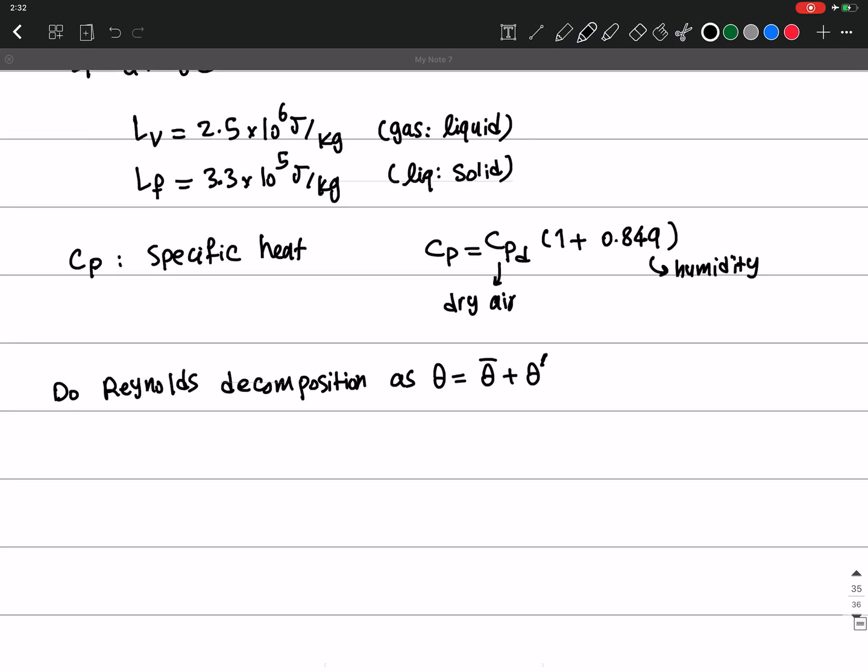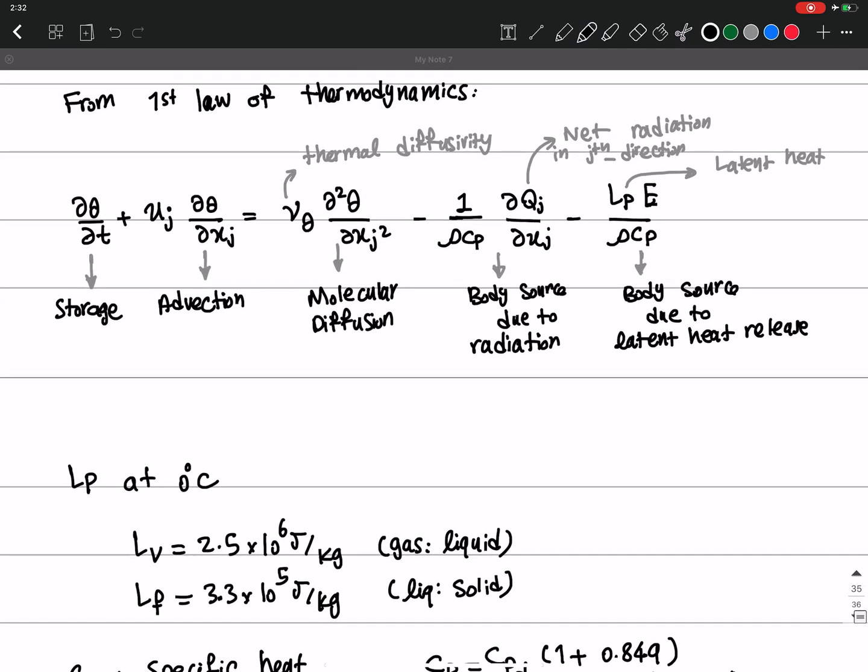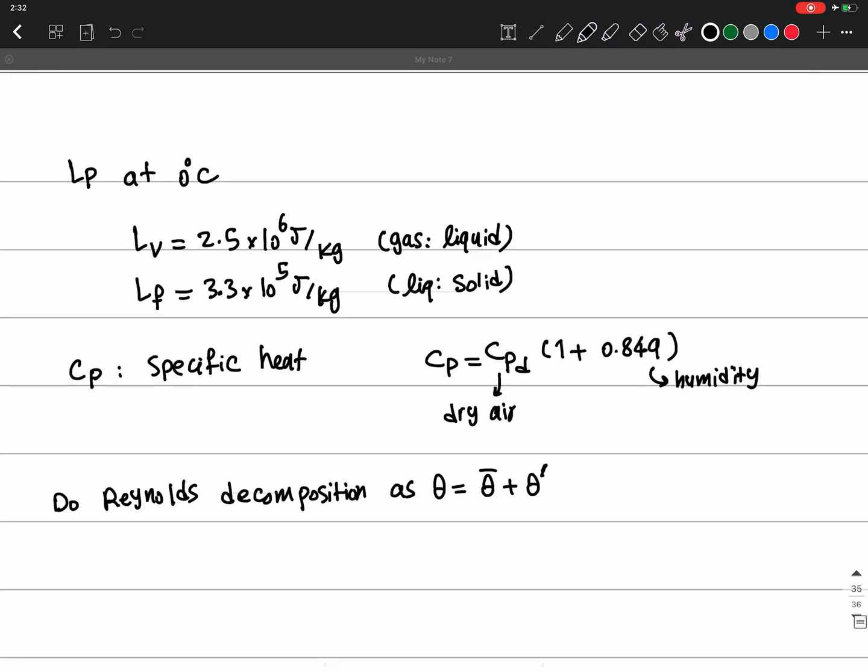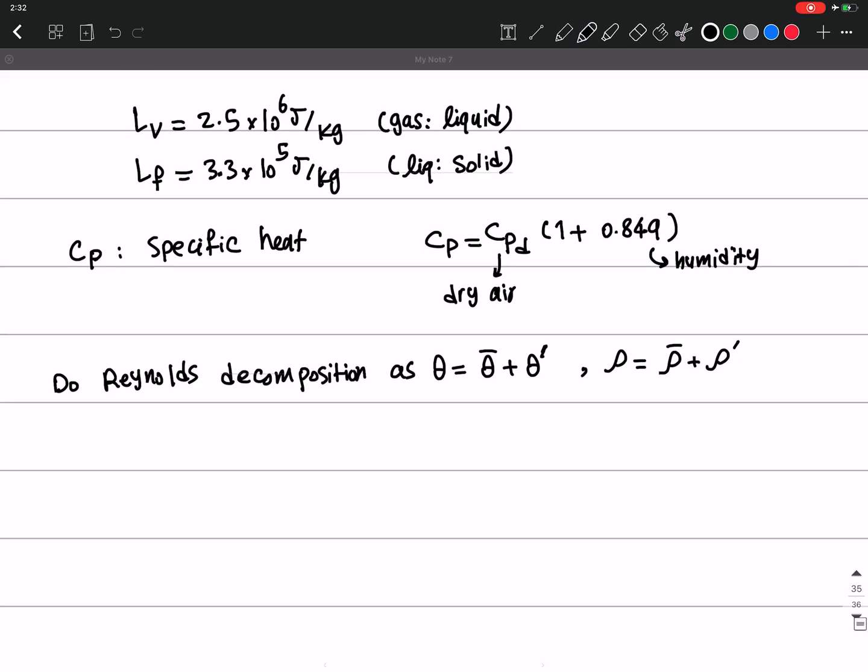And then I don't want to do that here, so you can just do it again yourself. And for all the terms, so this is just theta, but also rho equals rho bar plus rho prime. And then do a Reynolds averaging.